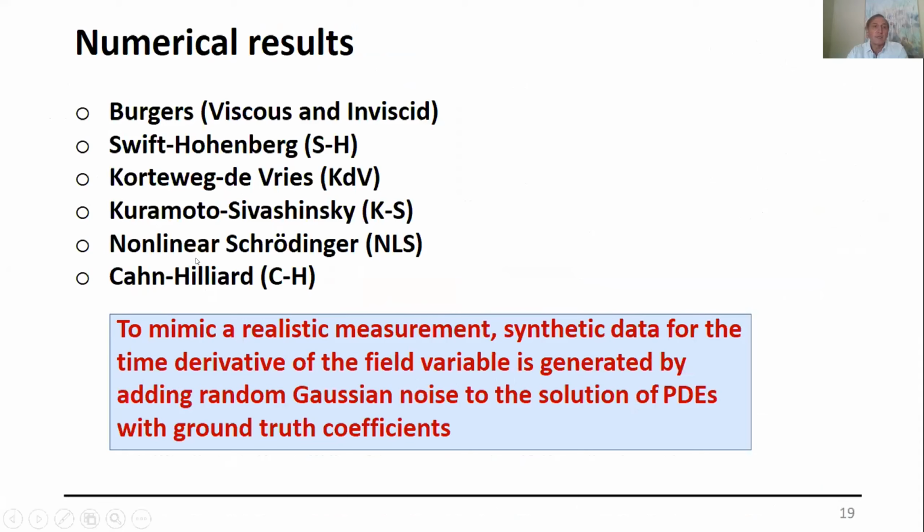So these are the equations that we looked at. To mimic a realistic measurement, we first construct the synthetic data. We solve the field equation by using the ground truth coefficients, and then we add random Gaussian noise, and that becomes our training data and testing data. That's really the approach that we're doing here.